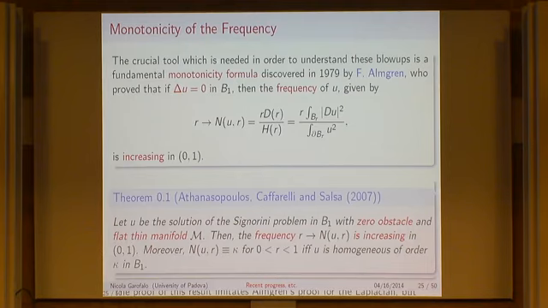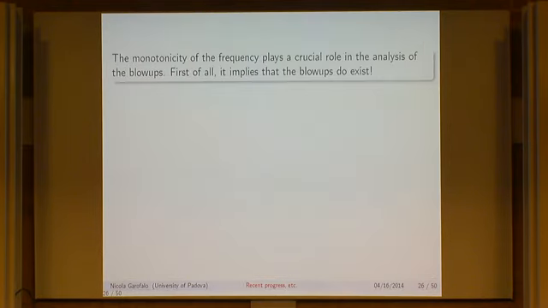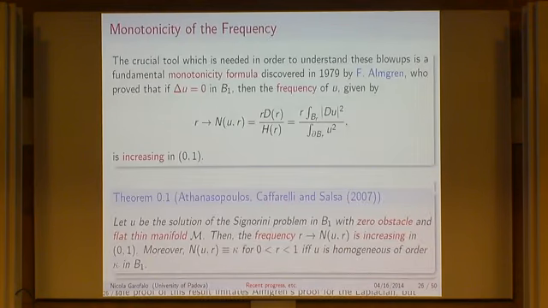All right, so the proof of this result of Athanasopoulos, Caffarelli, and Salsa imitates the proof of Almgren, except that at some point you have to use the Signorini condition. You have to integrate by parts in a clever way and use the Signorini conditions. But everything works out nicely.